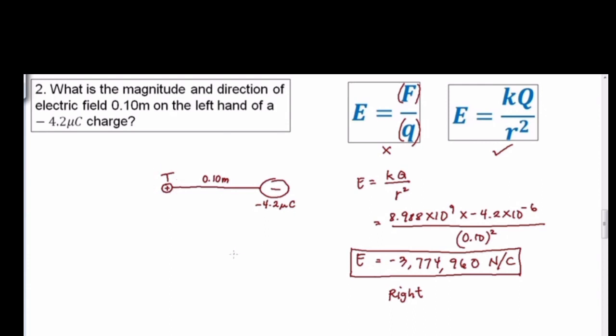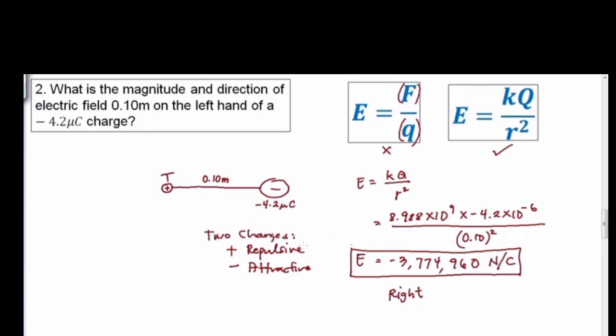Baka nagtataka kayo bakit negative ang sagot. Kasi guys, nung una, pag two charges lang, so merong given na two charges kasama na dito yung test charge.